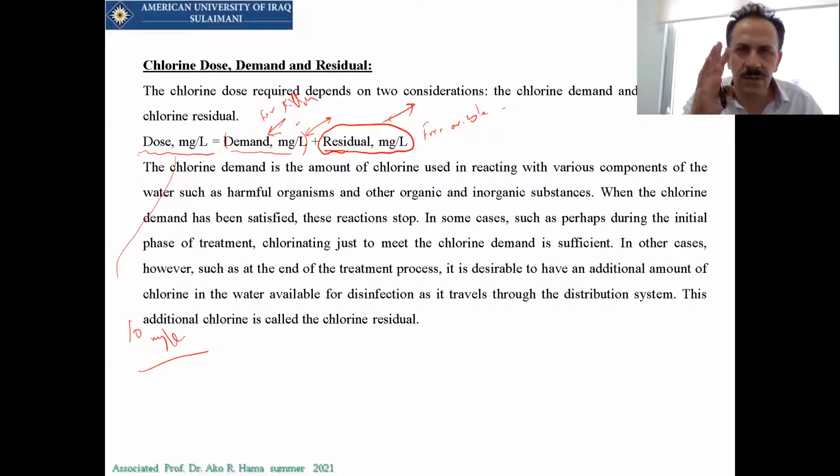From Dukan to Slemania is more than 50 kilometers. Any sudden pollution in the water inside, you should have something like antibodies. So you should have a dose, called residual chlorine, which will be free and available for any sudden pollution.